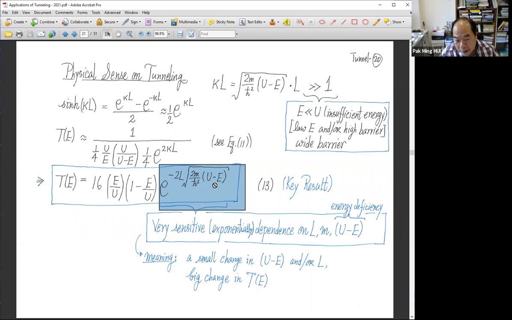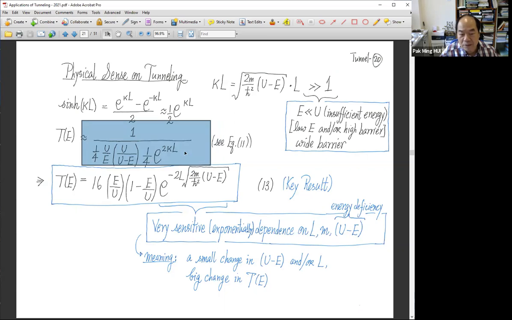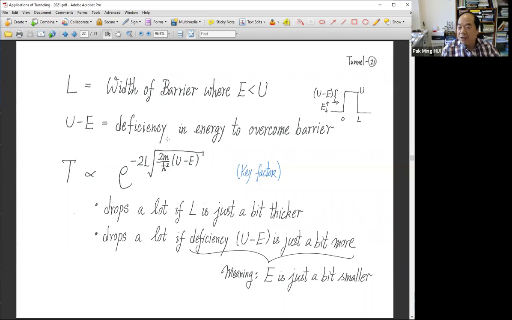That is the amount of energy insufficient to surmount the barrier, and this is the width, okay? The exponential is important because it means it depends very sensitively on L and how much energy you don't have. So that is the most important form instead of this form. So it means the following.